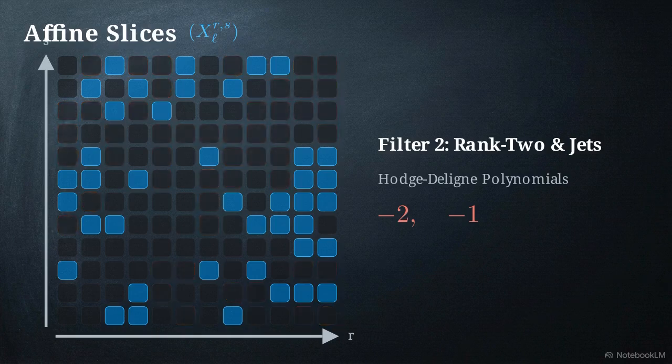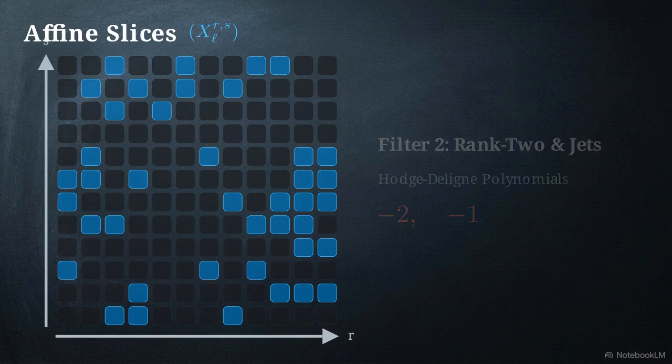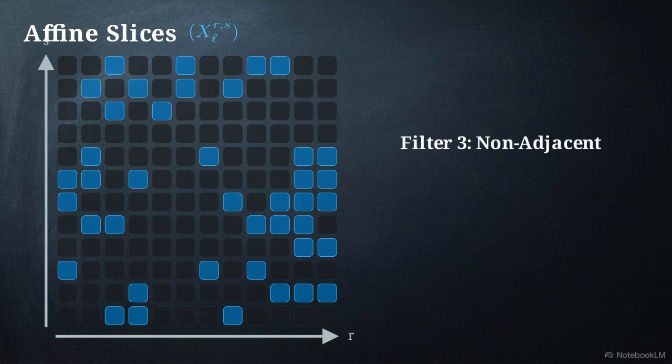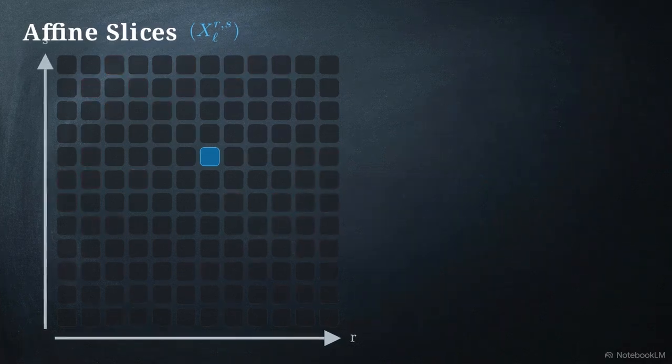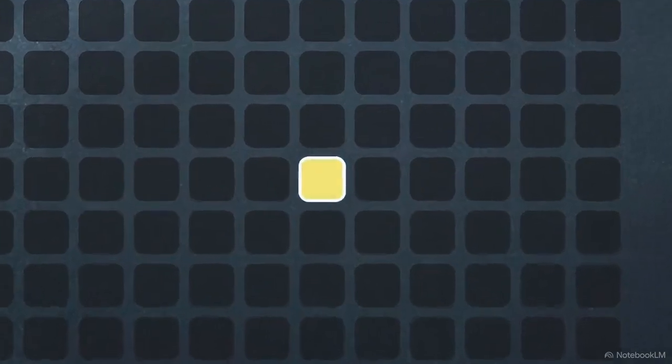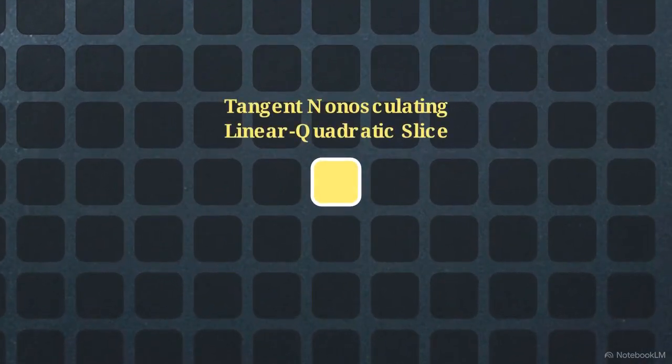The matrix then tests non-adjacent degree pairs. Here, finite cyclic group actions obstruct contractibility, blacking out almost everything remaining. This rigorous screening matrix successfully eliminated nearly every conceivable candidate in the space. The math proves they are structurally incapable of hosting a Jacobian conjecture counterexample.